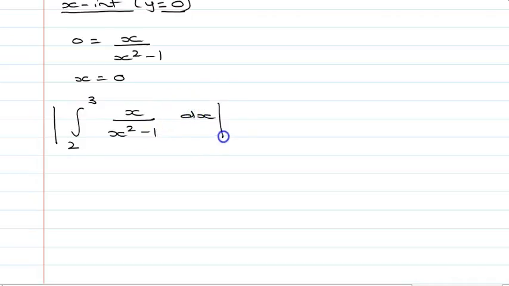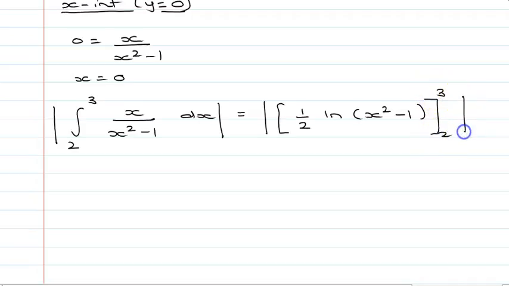So I'm setting up the integral, and I'm going to go ahead and integrate it straight away. Remember, we have just integrated this via recognition, so we know that the integral of this function is a half natural log of x squared minus 1. And of course, I'm going to substitute in the right order those numbers.